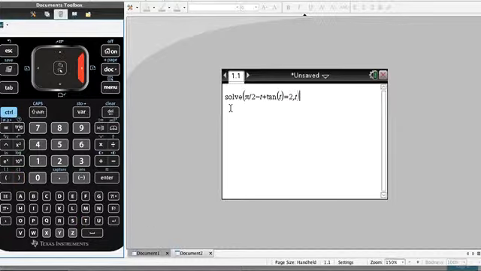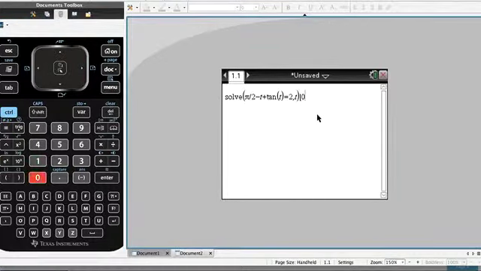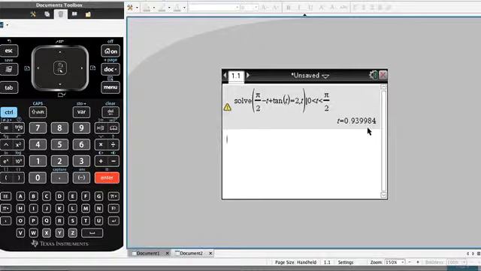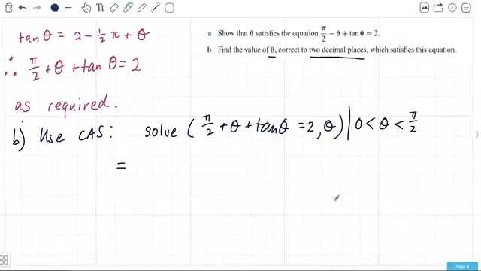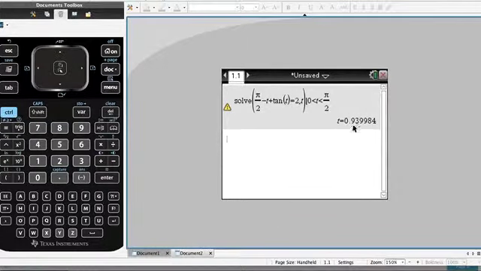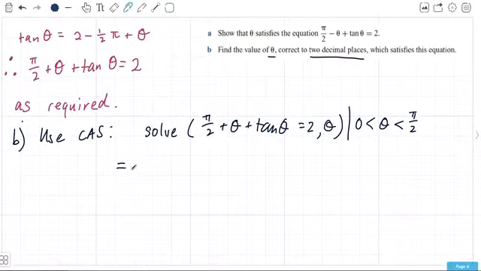Solve it for t such that t is between 0 and also pi on 2, which is 90 degrees. And you're going to get 0.9399. Now the question's asking you for 2 decimal places, so that would be 0.94, rounding this up. So theta equals 0.94 radians with the little c. Okay, if you were working in degrees, then it would be degrees, and you get a different number there.